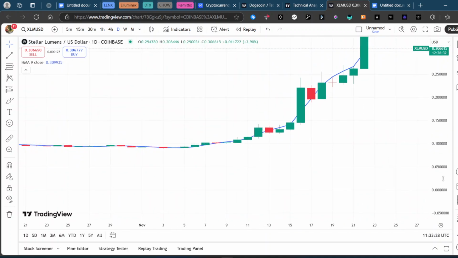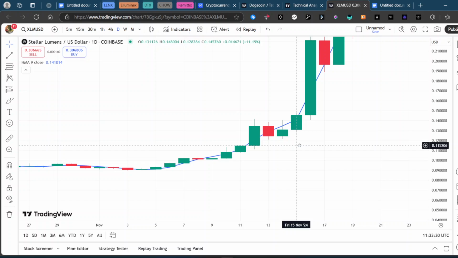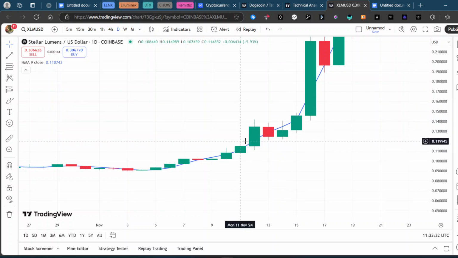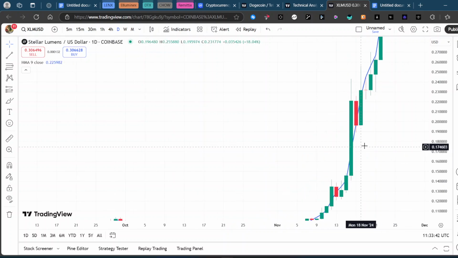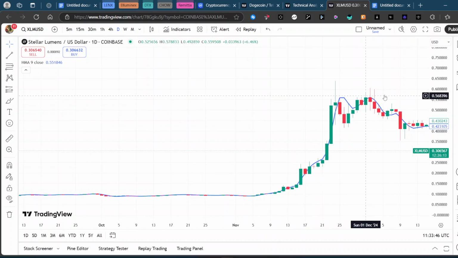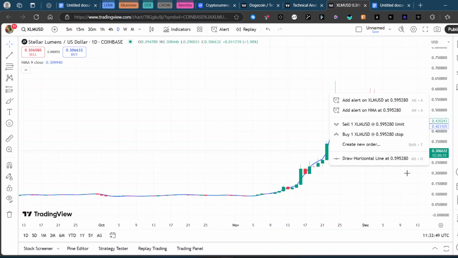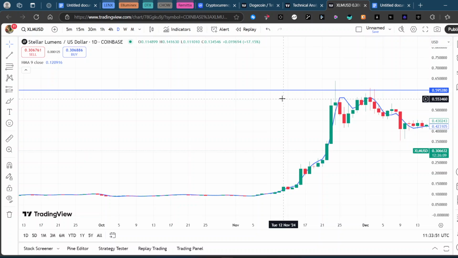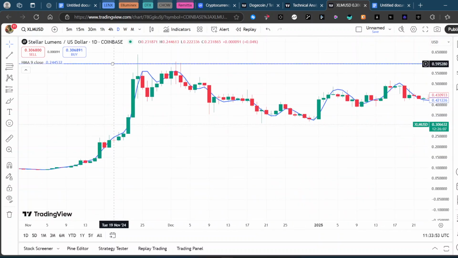You should wait for the formation of a bullish candle that closes above the HMA. For example, you can see that you can enter here or here. Then you set your stop loss just below the recent support or the HMA line. Then your take profit can be at the nearest resistance. You can look for resistance levels to set your take profit, or you can exit when you notice that the HMA has now started coming downwards.